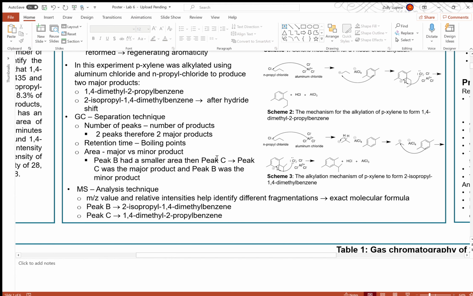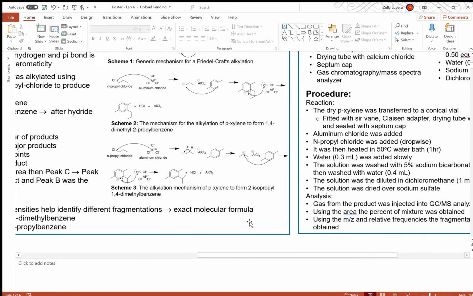The mass spectroscopy analytic technique allowed us to identify what peak B and peak C were. Using the m/z values and relative intensities, we were able to identify different fragmentations in order to obtain the exact molecular formula. Therefore, we could conclude that peak B was 2-isopropyl-1,4-dimethylbenzene and peak C was 1,4-dimethyl-2-propylbenzene.